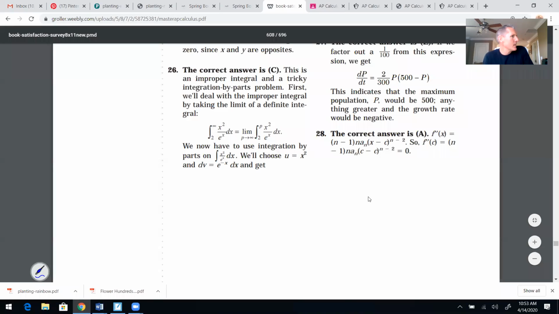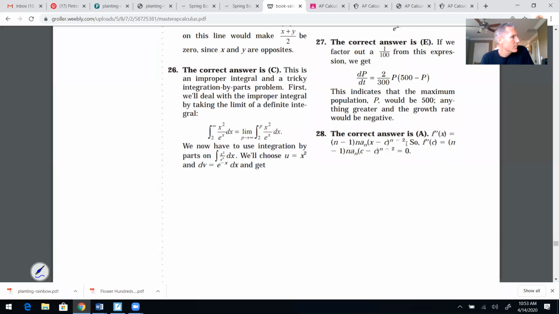Because in their answer, they have that F double prime of X is equal to this. It'd be a lot more than that.